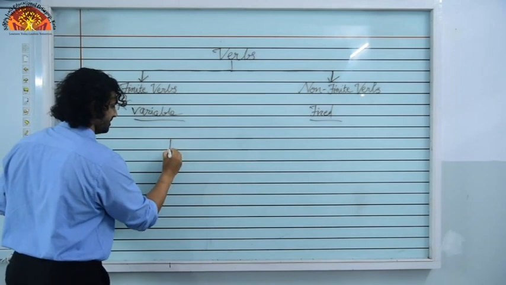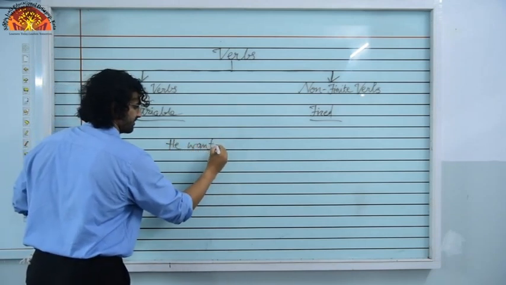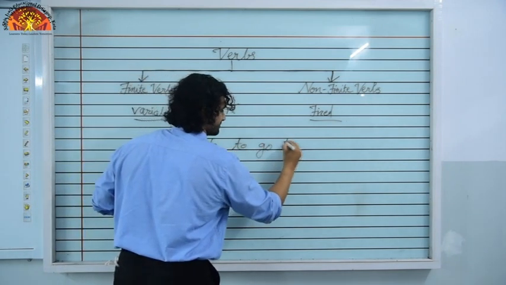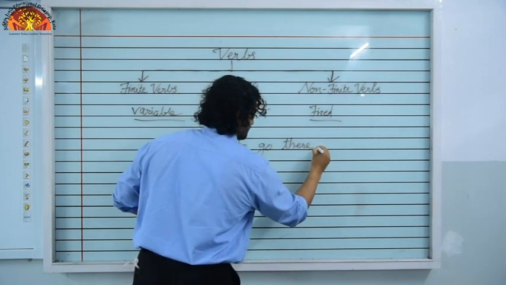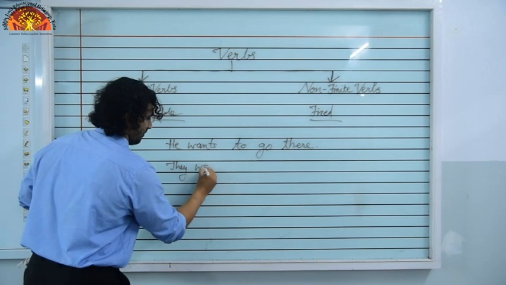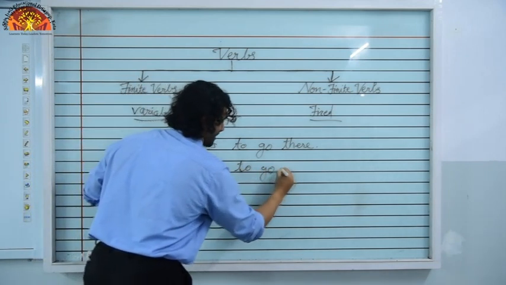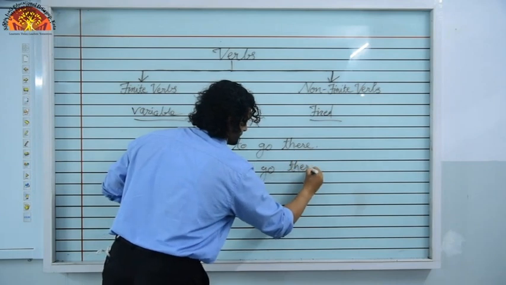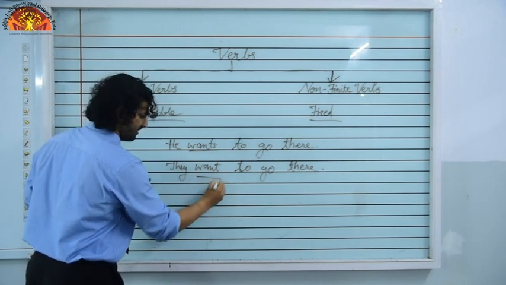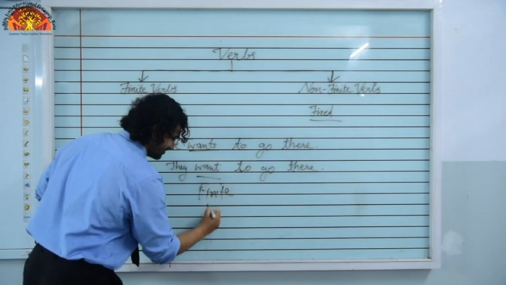He wants to go there. They want to go there. So this is a finite verb. Why is this a finite verb? Because this has changed.